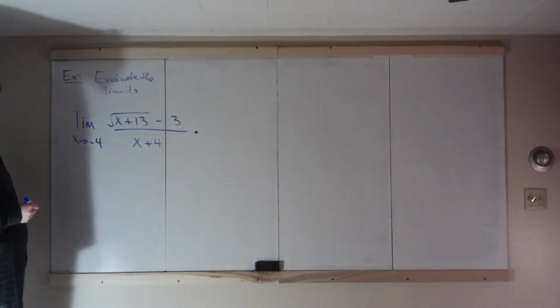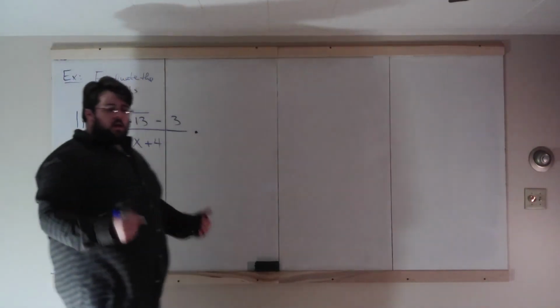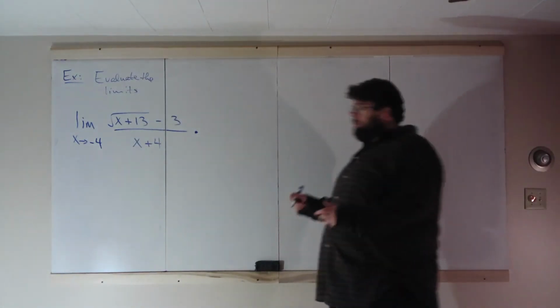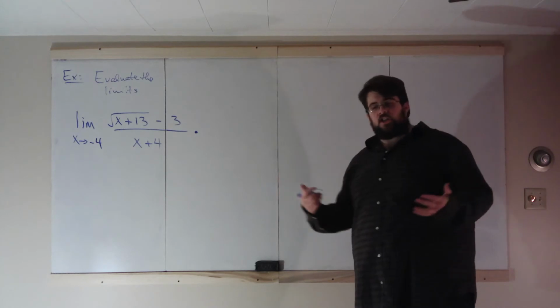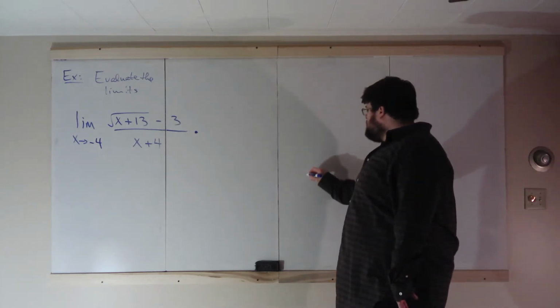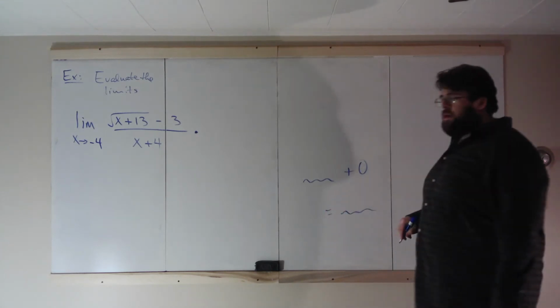Right here, I can't factor this. Maybe you can factor this. I can't. But what we can do, there are a few ways we can rewrite an expression without changing it. What does that mean? Well, something plus 0 is the same as that thing.